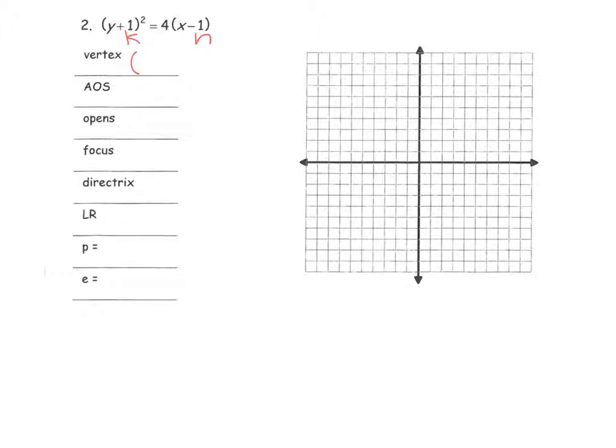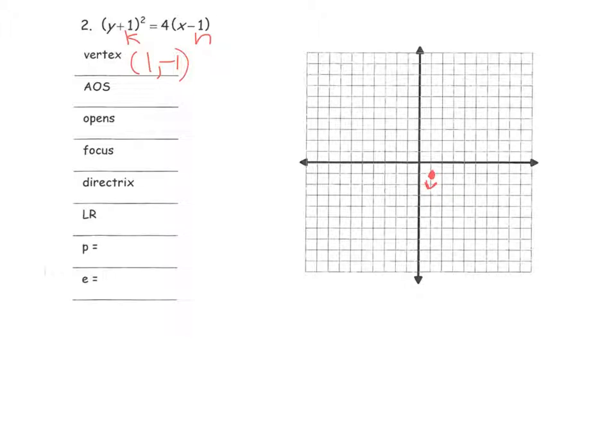So in this case, h would be 1, k would be negative 1 because it's a plus 1, and we talked about that with circles. So I'm going to plot 1, negative 1, and I'm going to put a V by it, and that's my vertex. Okay, so that red point with a V under it, that's my vertex.